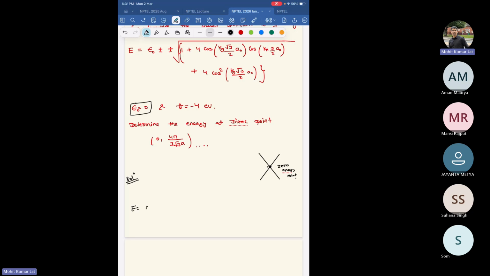E is equal to E naught, which is 0, plus minus 4 under root of 1 plus 4 cosine ky, which is 4 pi by 3 root 3a, cosine kx is 0, plus 4 cosine square ky, which is 4 pi by 3 root 3 times root 3 by 2.